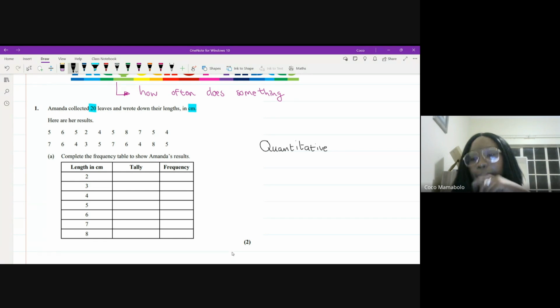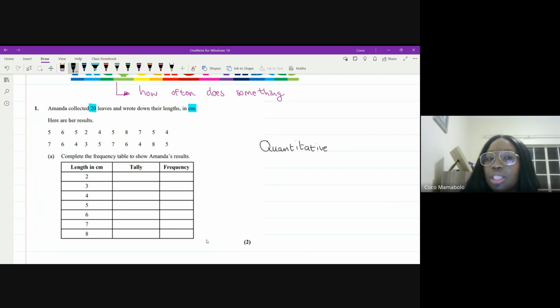All right. So for those of you who are saying continuous, look at the type of data we've been given. Is it going to give us a decimal at some point? No, we're not going to get a decimal. We are only going to get whole numbers because the way that Amanda has measured the leaves gives us whole numbers.